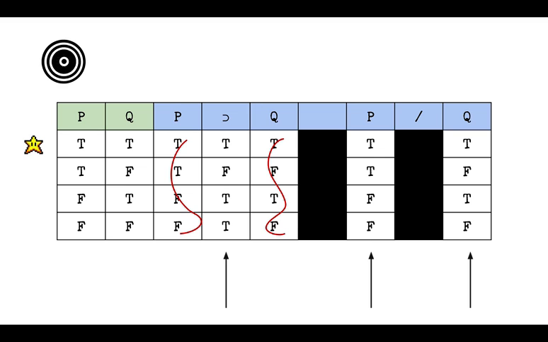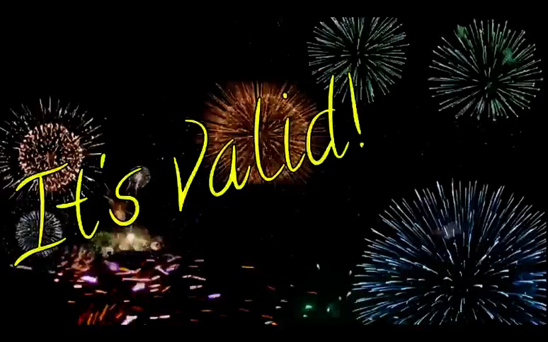Now, if you peek over at the conclusion, it's true. Which means that whenever the premises are true, it looks like the conclusion is true. That's what this truth table has just demonstrated. Had that been false, it would have been invalid. But again, Q is true in the row that matters. And as such, this argument, my friends, is valid.